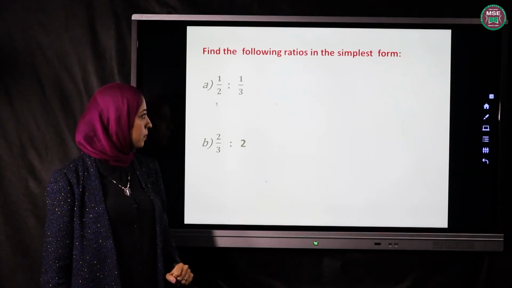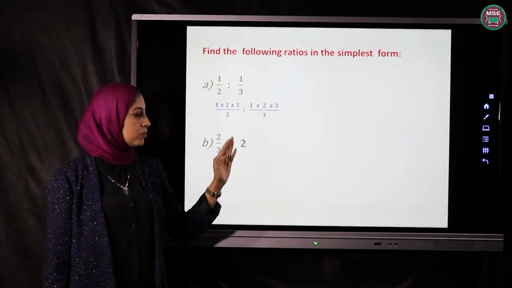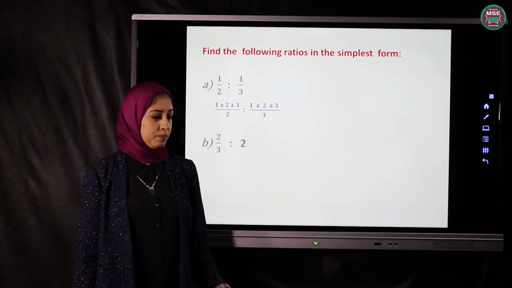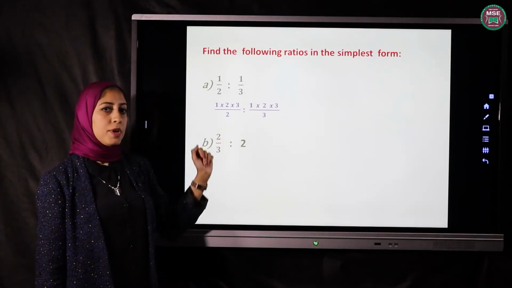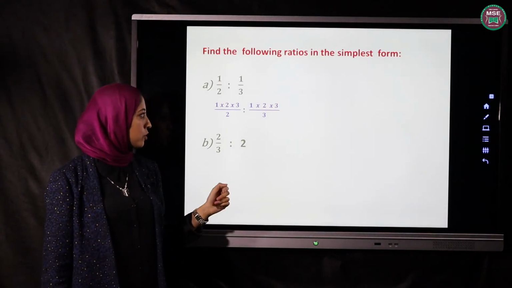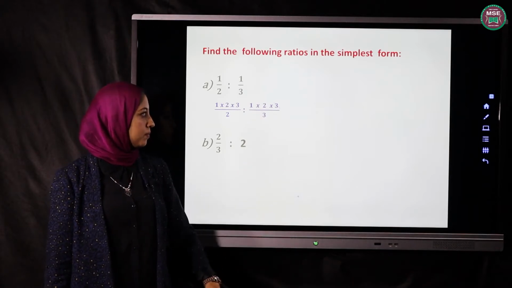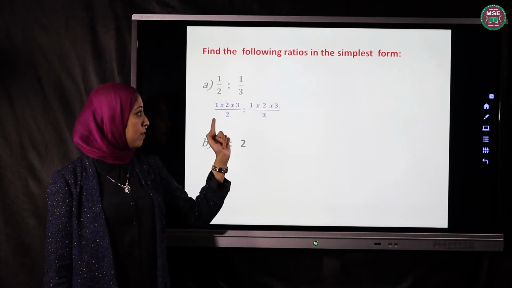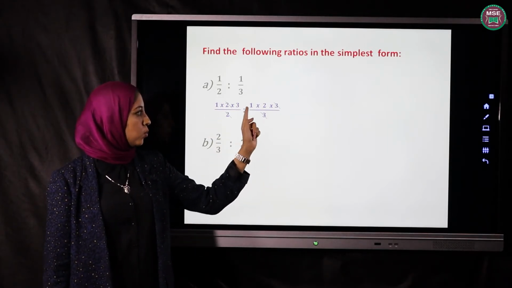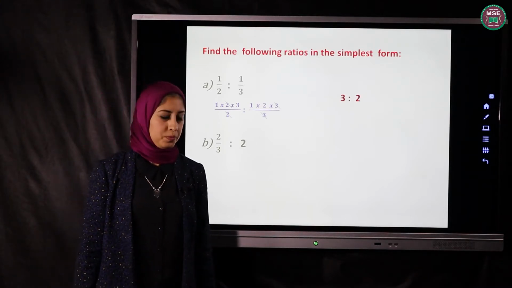I will write 1 times 2 times 3 over 2, to 1 times 2 times 3 over 3. Then I have now common numbers up and down. I will cancel the common numbers for each fraction. I will cancel 2 with 2 and 3 with 3. Now I have the first side 1 times 3, the second one 1 times 2. So the answer is 3 to 2.